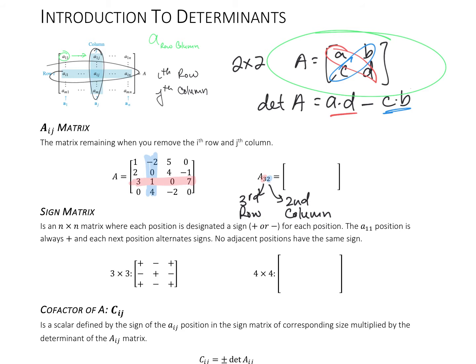Our remaining A32 matrix is 1, 5, 0, 2, 4, -1, 0, -2, 0. We're going to use this idea over and over again as we start to break down our matrices.